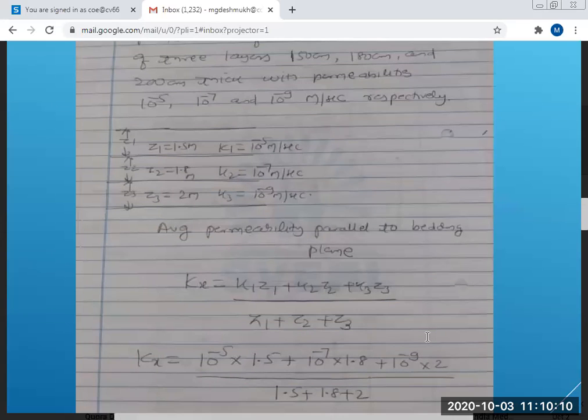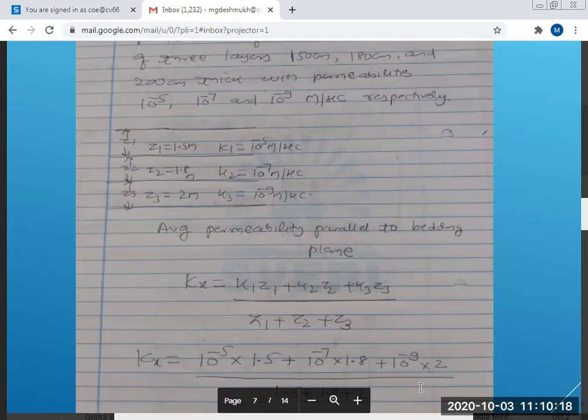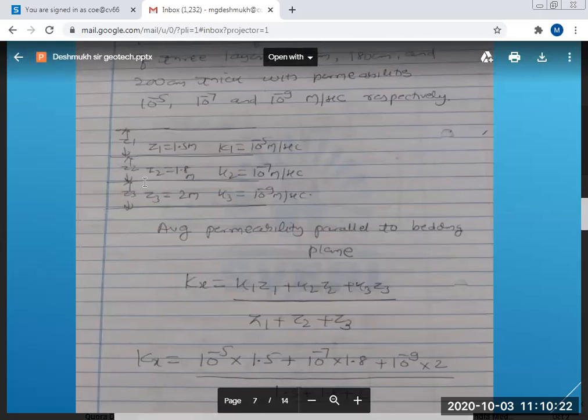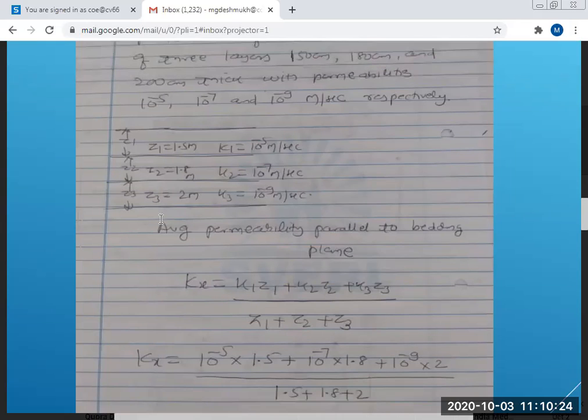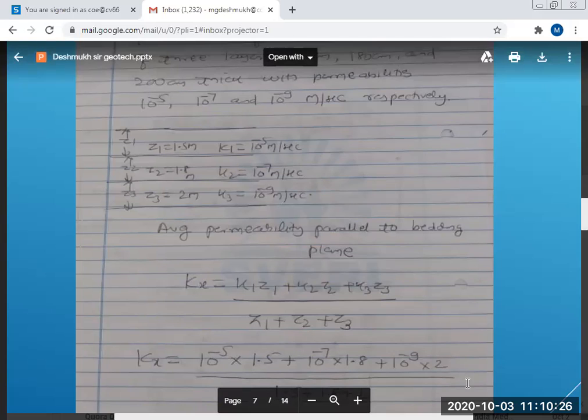K1 है आपके पास 10 to the power minus 5, Z1 is 1.5, K2 is 10 to the power minus 7, Z2 is 1.8, K3 is 10 to the power minus 9, Z3 is 2, divided by Z1 plus Z2 plus Z3 तीनों ऐड करो, इसको सिंप्लीफाई करो, you will get Kx and tell me that value. What is the value of Kx?